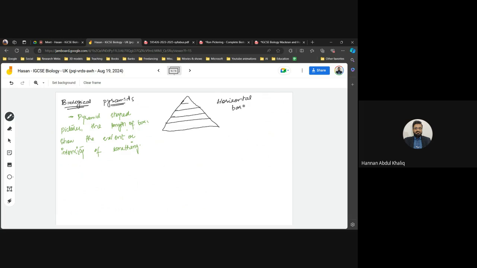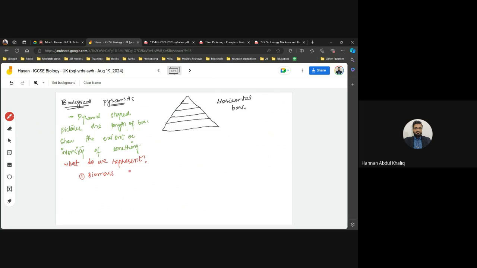The length of the horizontal bars would be representing different things, such as the number of organisms or the amount of energy. So we are going to draw the pyramids. Now, what do we represent in pyramids? The things that we represent in pyramids: number one is biomass.